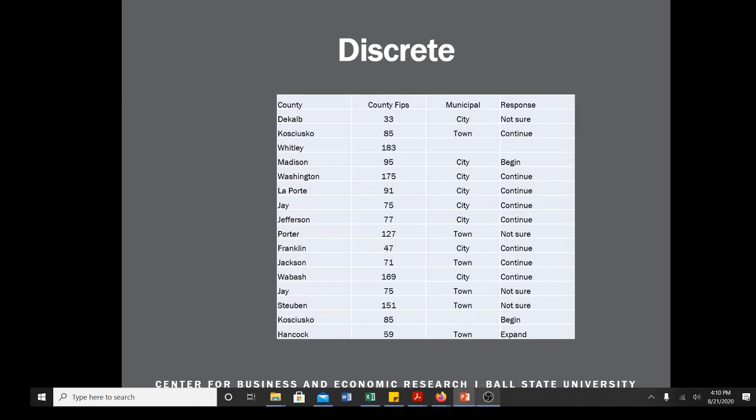This county FIPS is preceded by a state FIPS. Ours in Indiana is 18. So DeKalb County would be 1833, Kosciusko 1885, Whitley 18183. And then we ask them, what type of government are you in? Are you a city or a town or other? And if it's an other, it's blank.